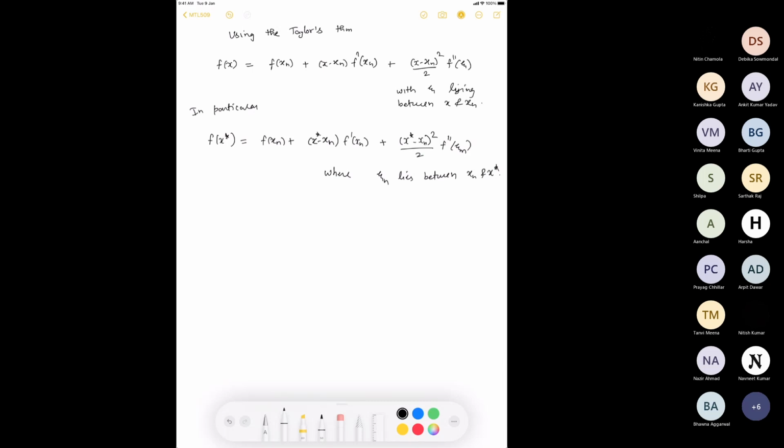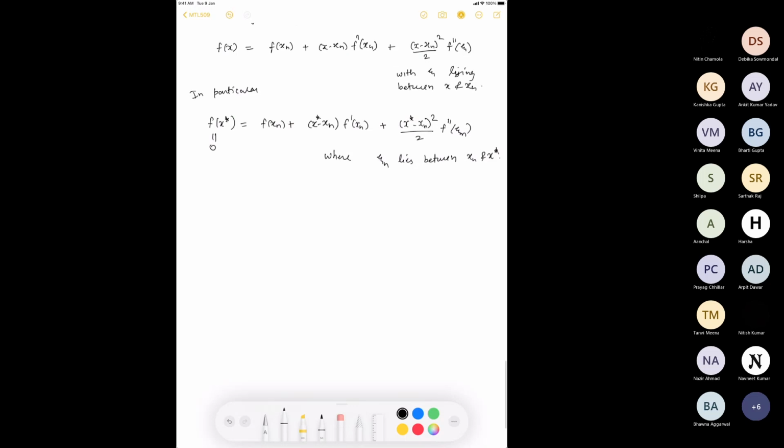Okay, now we know that x star is the actual root, that is, f(x star) is equal to 0. So from here I'm going to solve for x star.